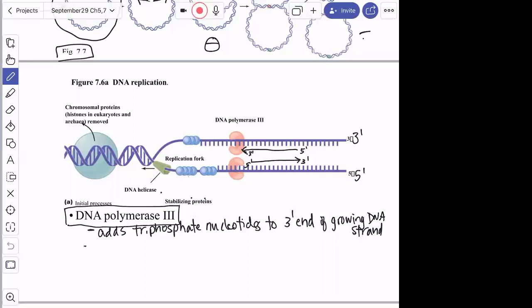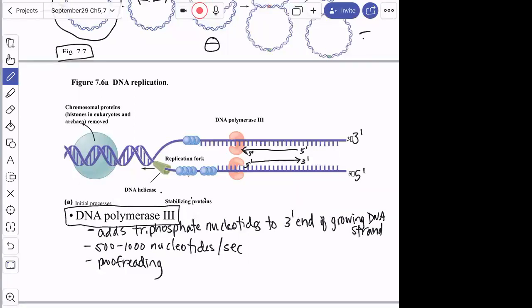It works pretty quick. It adds 500 to 1,000 nucleotides per second, so a fast polymerization reaction. It's also capable of doing some proofreading. It can add the nucleotide, and then it looks behind it to make sure the last one it added was the correct nucleotide.